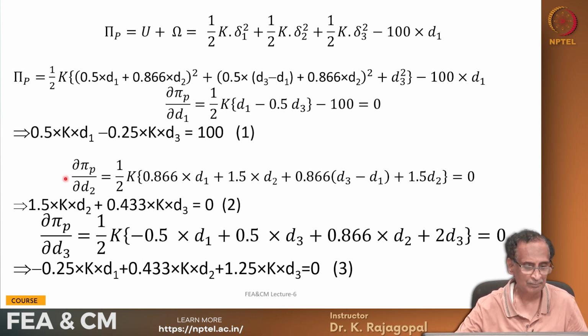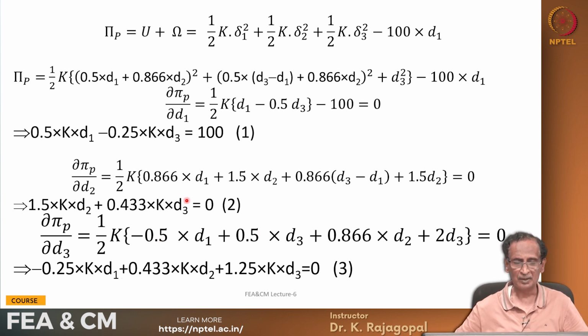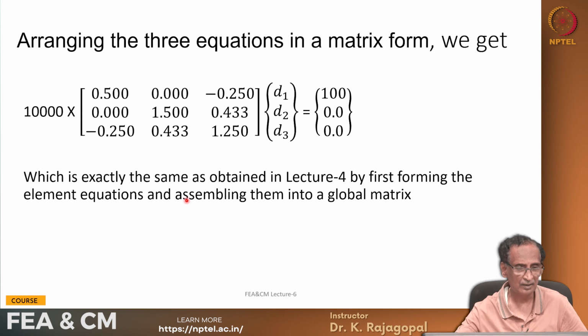And similarly, differentiation with respect to d2, we have this equation, and then differentiation with respect to d3, we will get one more equation. So these are the three equilibrium equations that we have, and we can assemble them, or we can just put them in a matrix form like this.